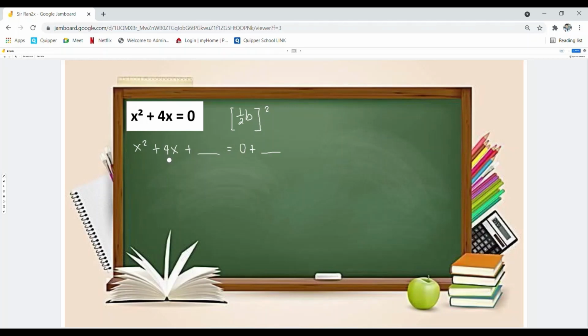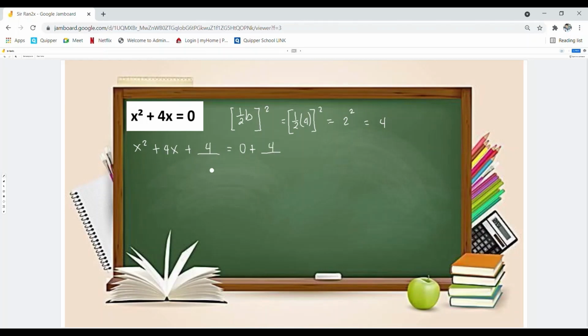Since b is 4, half of that is 2. Of course you have to raise it to 2. So 1/2 of 4 is 2, then raised to 2, that's 4. So that's what you are going to write here. So your third term is 4, so that's what you're going to add also.